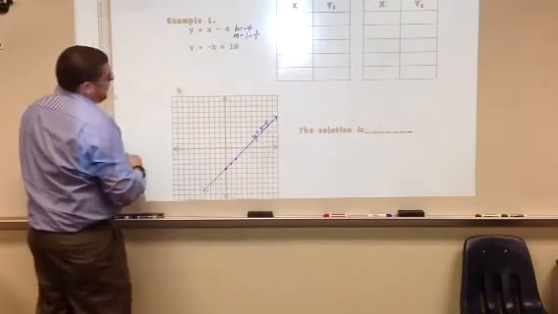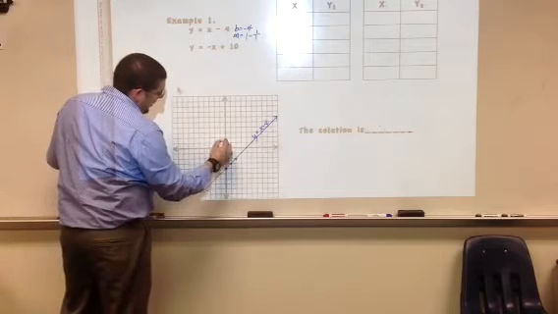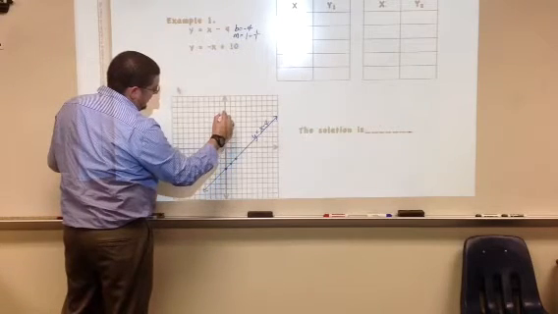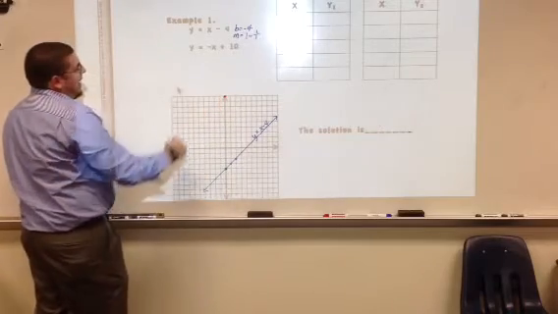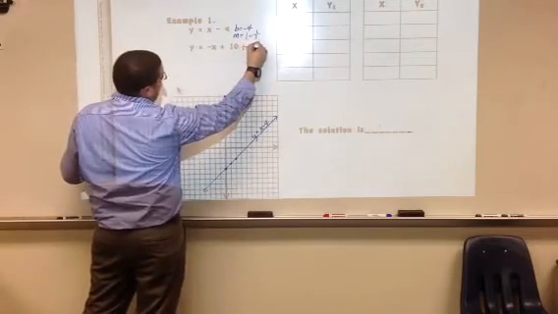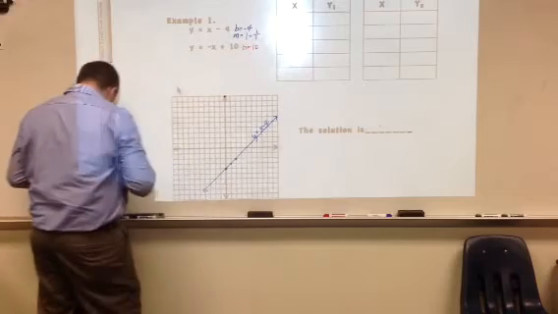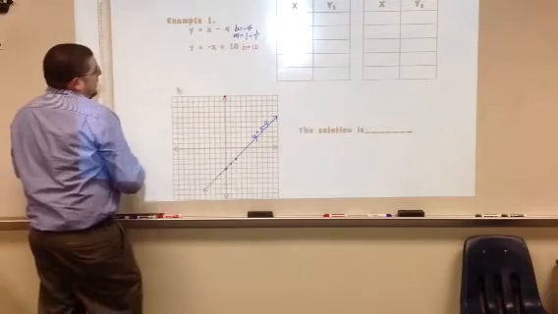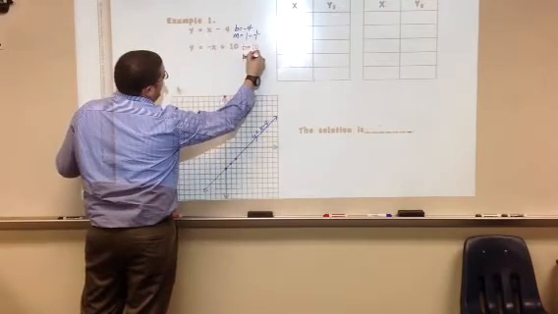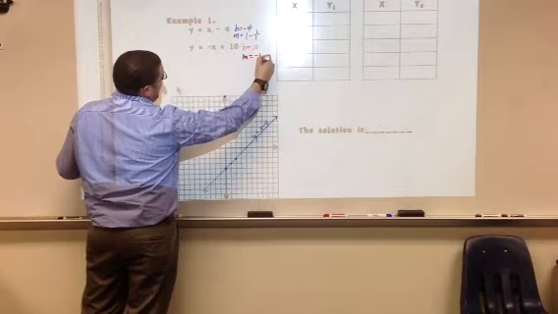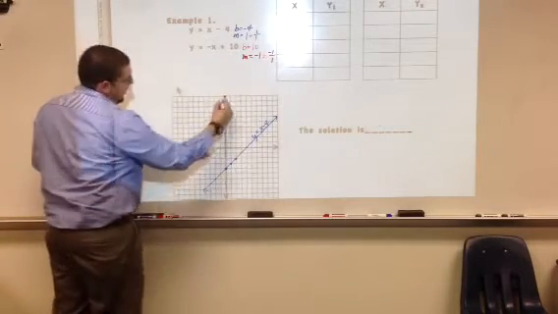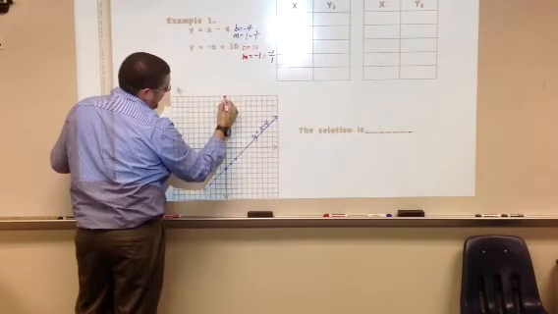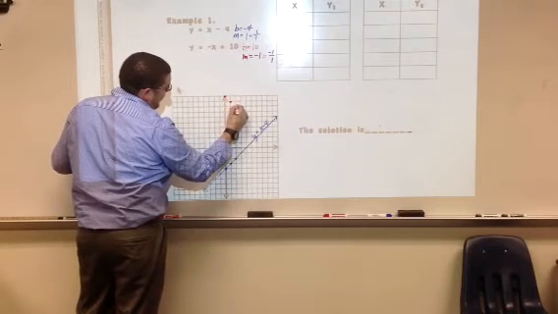Okay, the next one, we're going to go to 10. So 1, 2, 3, 4, 5, 6, 7, 8, 9, 10. They didn't really give us a whole lot of room to work with. And now we have the y-intercept is 10. And then we have a slope of -1 or -1 over 1. So we're going to go down 1 over 1, down 1 over 1.